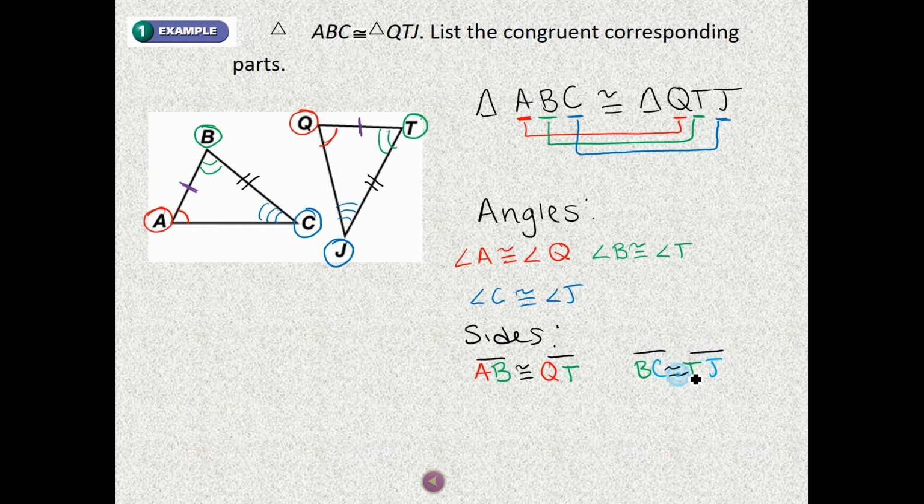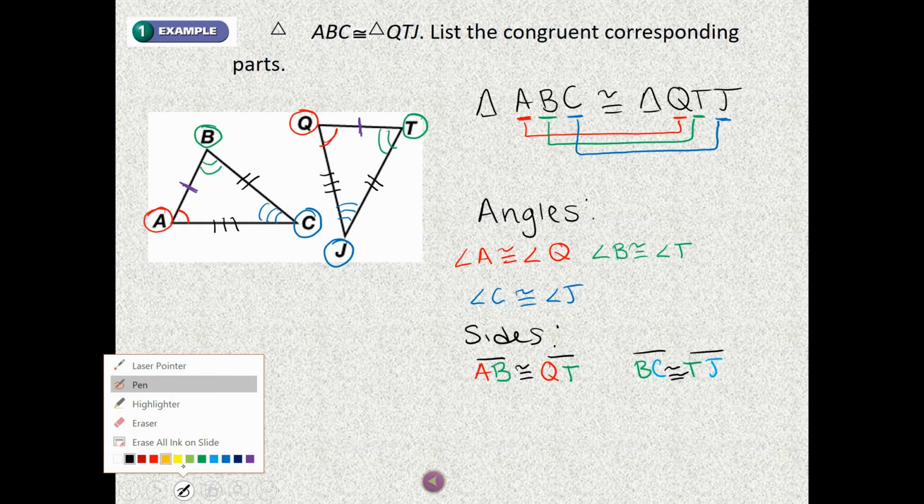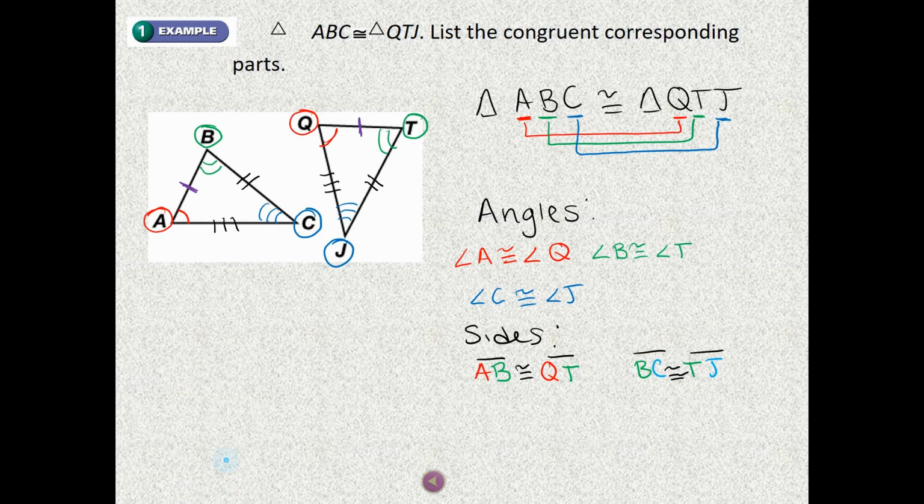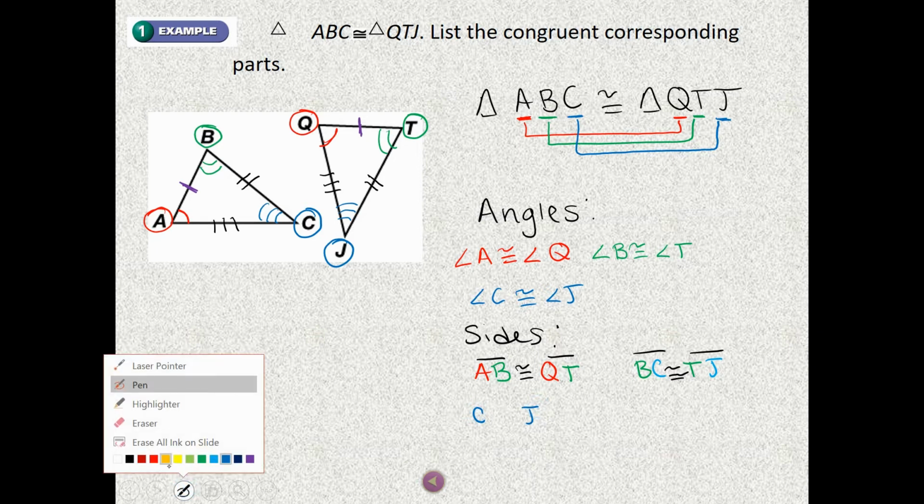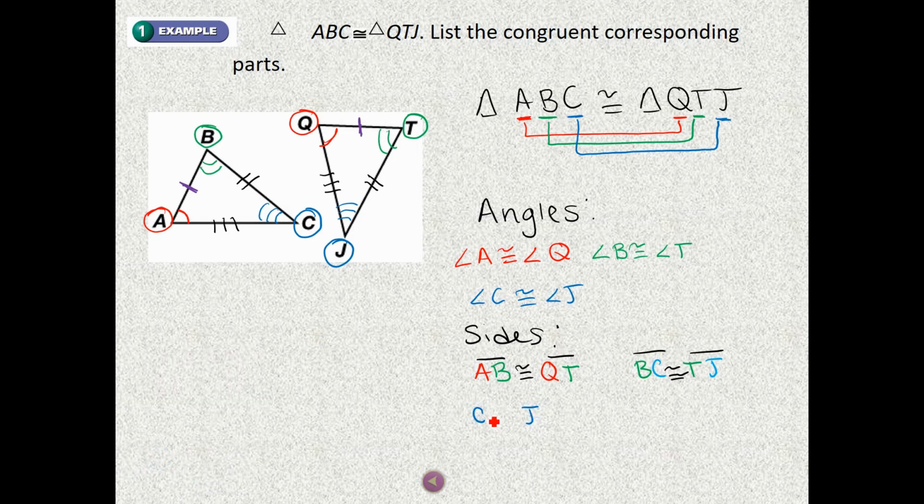And finally, for our last side, we could say that AC is congruent to QJ, which using our notation, we have CA is congruent to JQ.